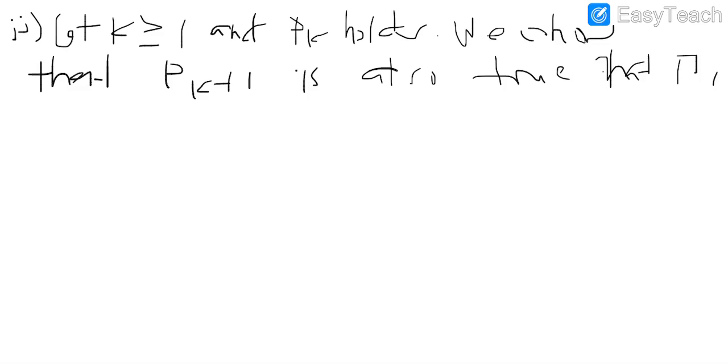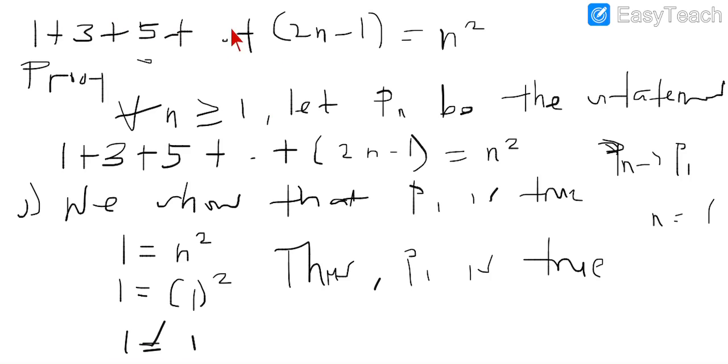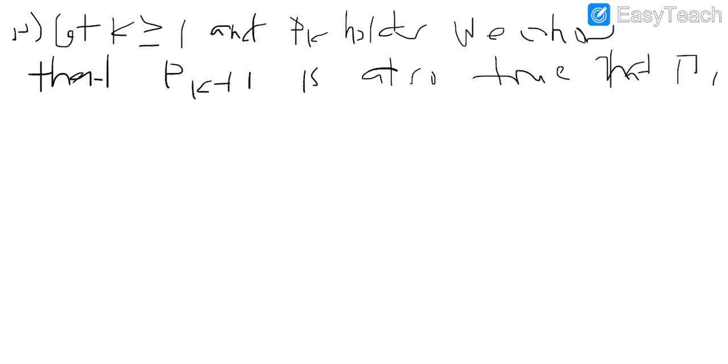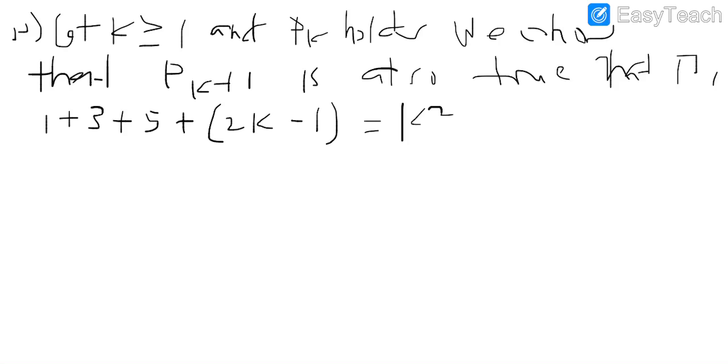Let's copy. So n becomes k, right? In our equation, our statement, we list n as k. So we will have 1 plus 3 plus 5 plus dot dot dot plus, from n becoming k, 2k minus 1 equals, from n squared, that becomes k squared.